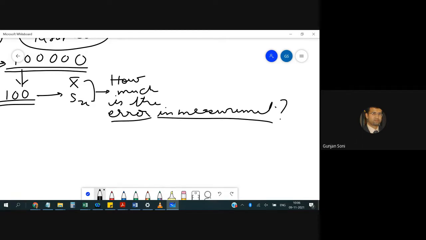Are we talking about random error or systematic error? We are talking about random error. In this chapter, we are only talking about random error. So when we are saying error, the systematic error has been segregated and we are only talking about random error now. This error is measured in terms of mu and sigma, right? And we are trying to estimate this random error, which is an indicator of precision.